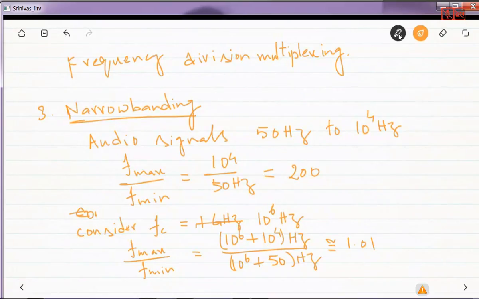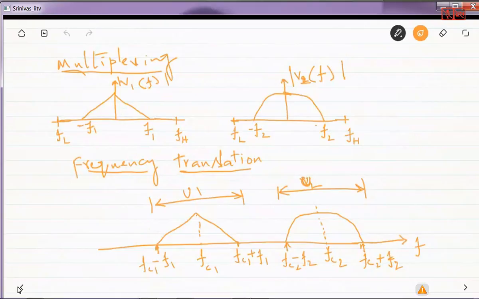So you understood why we get this? Because here, if this occupies from minus f1 to plus f1, and I translate that using a carrier frequency of fc1, my new spectrum will be fc1 plus f1 or fc1 minus f1, right?